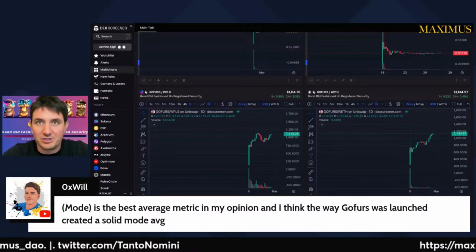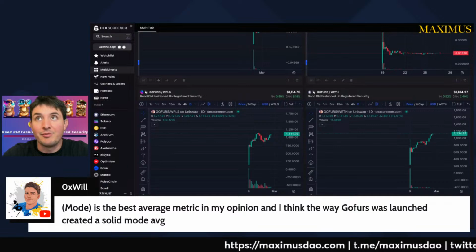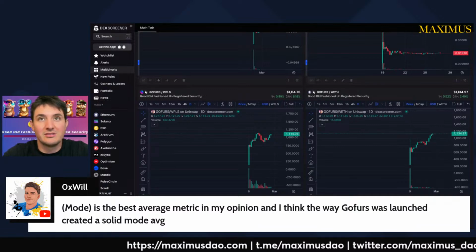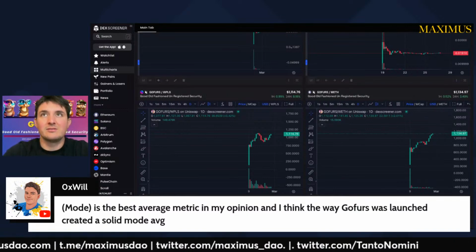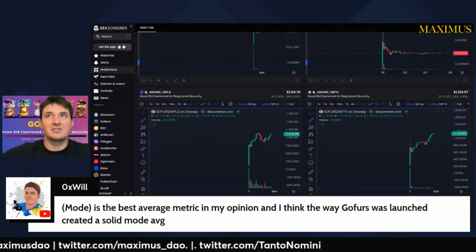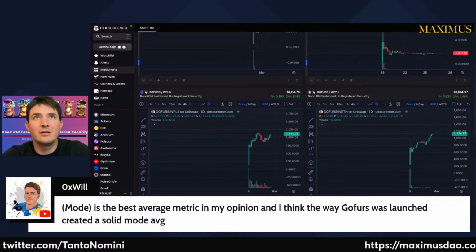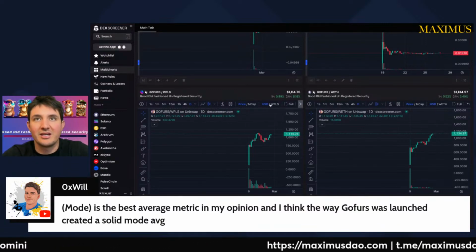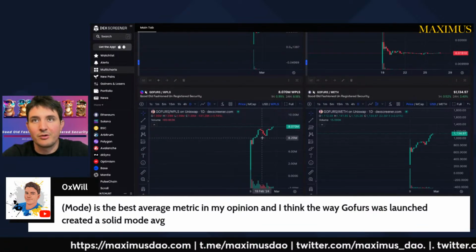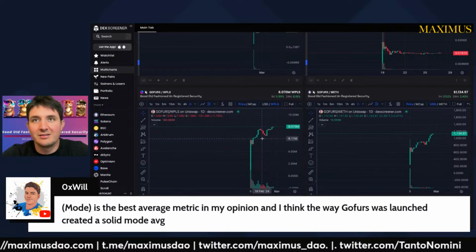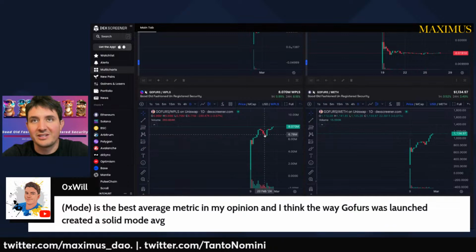Mode is the best average metric in my opinion. I think the way GOFURS launched creates a solid mode average. If you round people to the nearest 10th or maybe nearest 100,000 pulse increments, here's the wrapped pulse price, and then say you just round to 6.1, 6.3, 6.5, whatever increment you want.